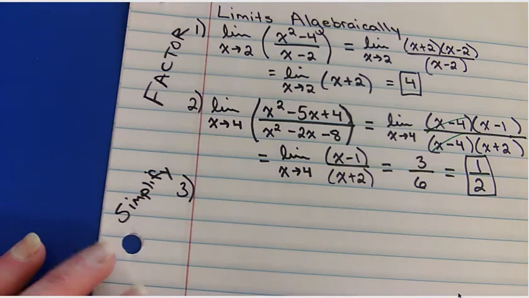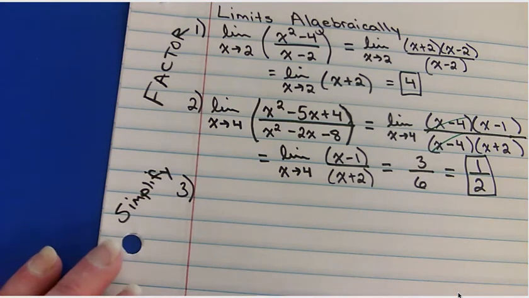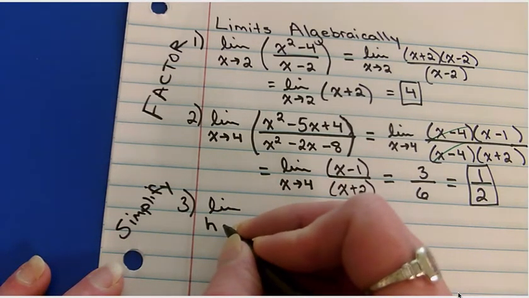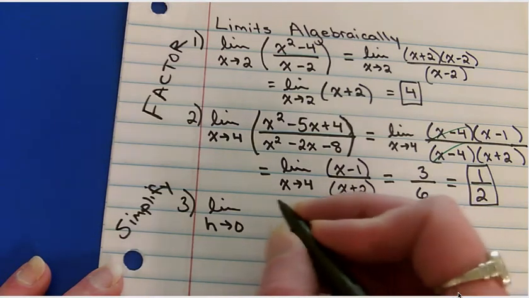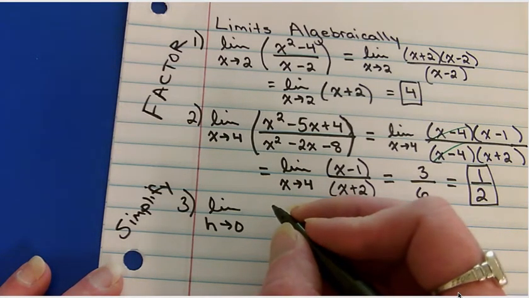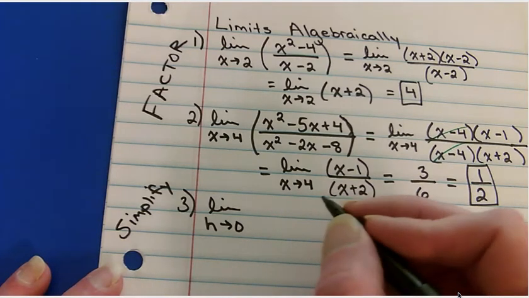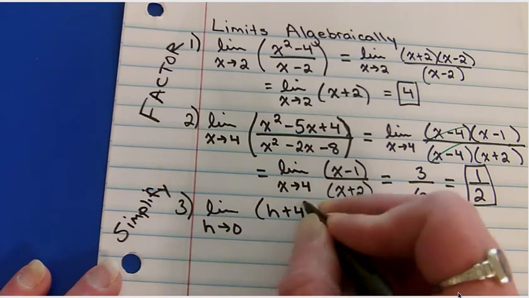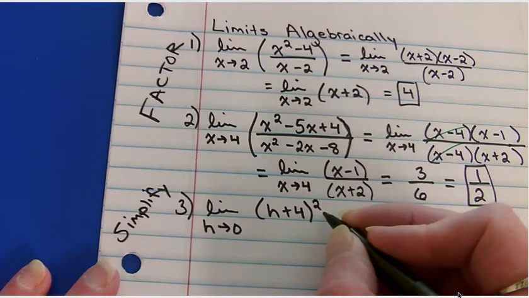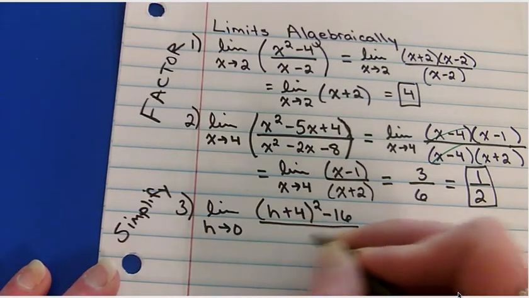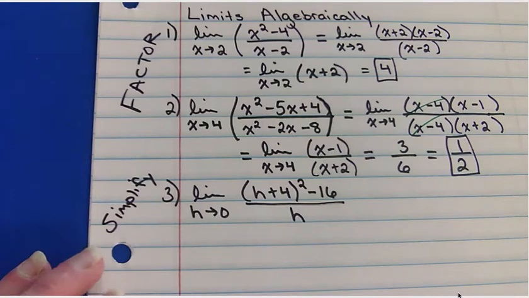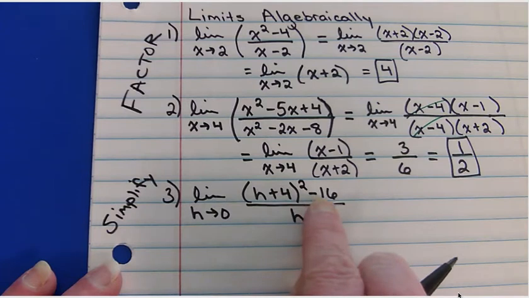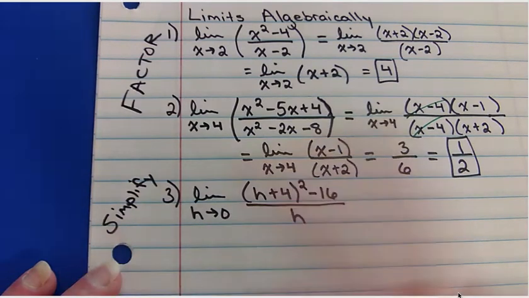So let's say I had, this is a good one, the limit as h approaches 0 of h plus 4 squared minus 16 over h. Now what would happen if I plugged in 0 right now? Well, I'd have 4 squared minus 16, that's 0, over 0. That's a no-no.